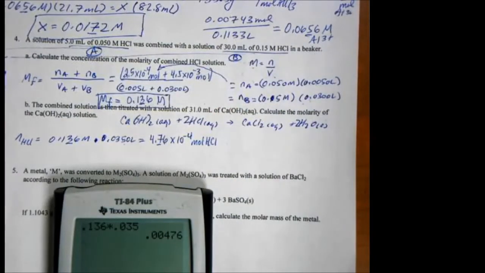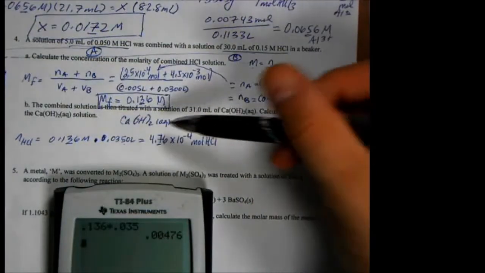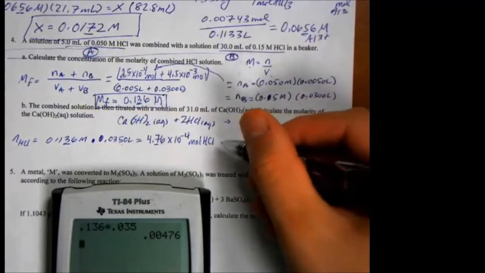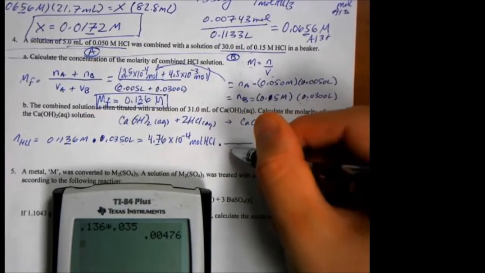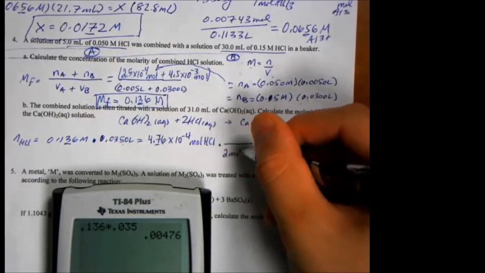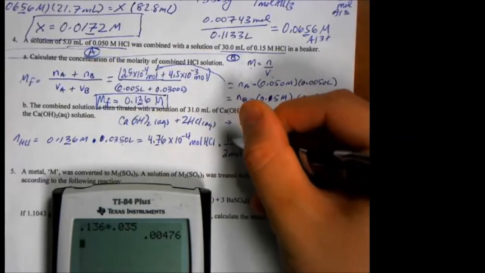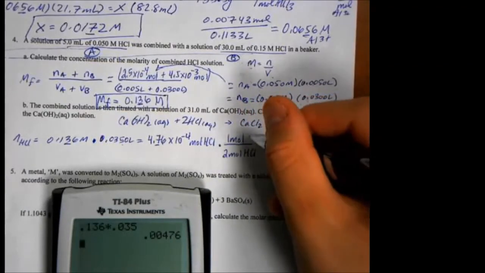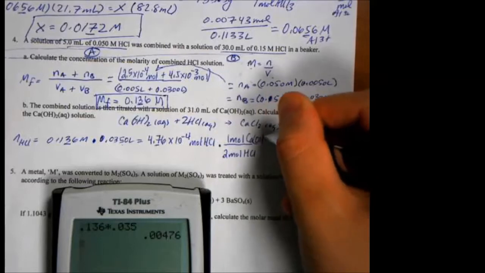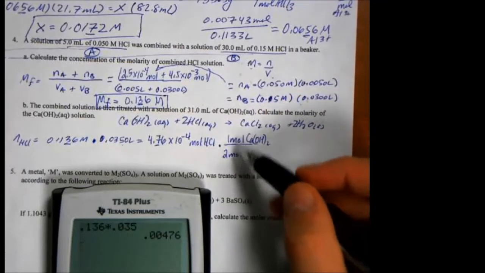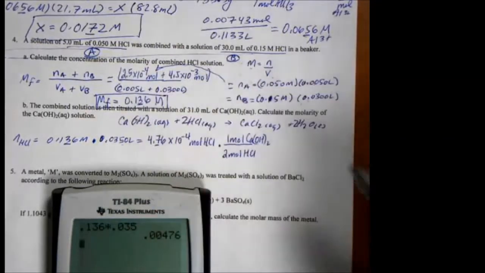Okay. Now, we know that we reached the end point, so this is fully reacted with this, so we can convert and say that for every 2 moles of HCl, we have 1 mole of calcium hydroxide. So this is essentially what happens when the reaction is complete.